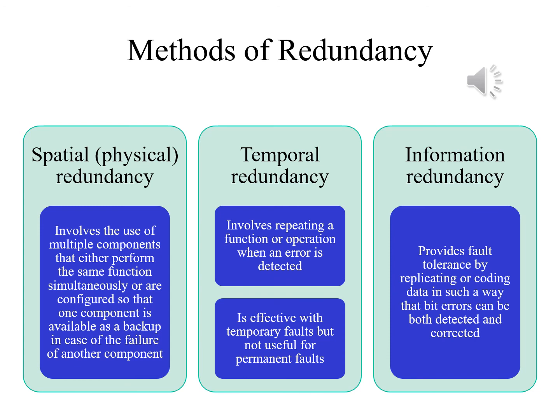Information redundancy. Information redundancy provides fault tolerance by replicating or coding data in such a way that bit errors can be both detected and corrected. An example is the error control coding circuitry used with memory systems, and error correction techniques used in RAID disks, discussed in later lectures.